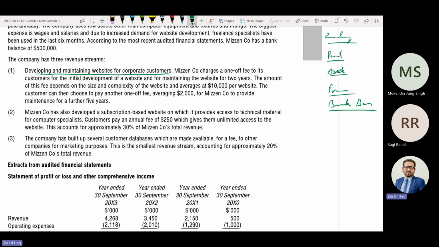The amount of this fee depends upon the size and complexity of the website, and on average $10,000 per website they charge for development as well as 2 years maintenance contract. The customer can then choose to pay another one-off fee averaging 2,000 for Mizzen company to provide maintenance for further 5 years.